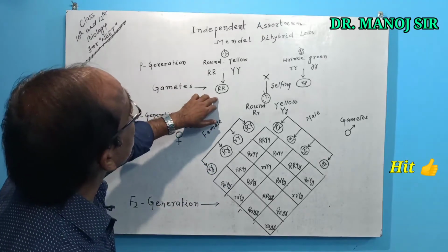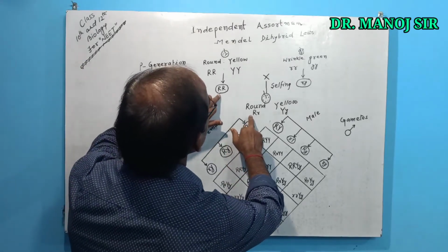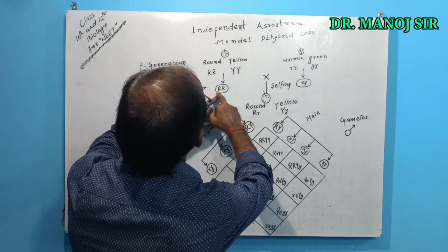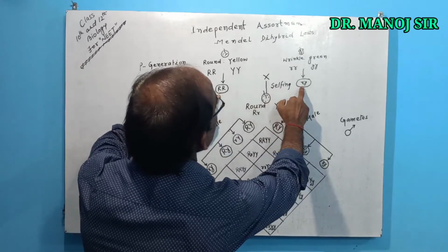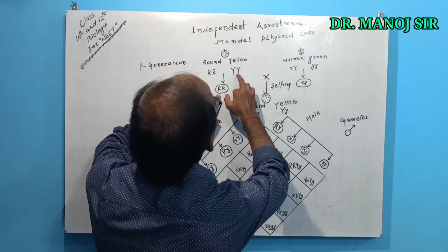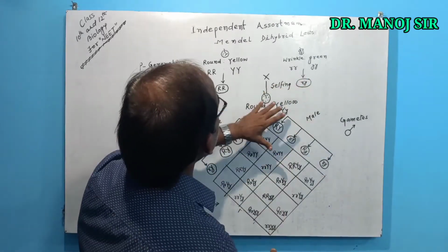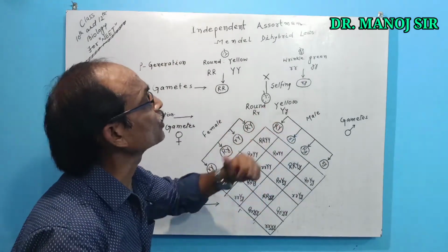Here we study one from each, producing capital R, small r, capital Y, small y, that produce round and yellow.